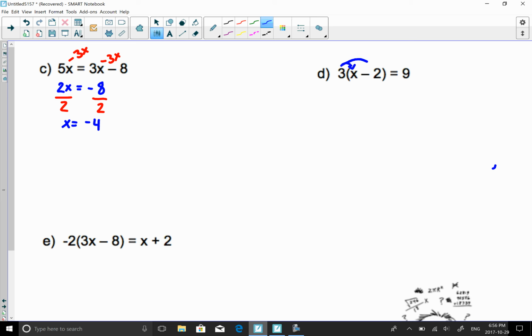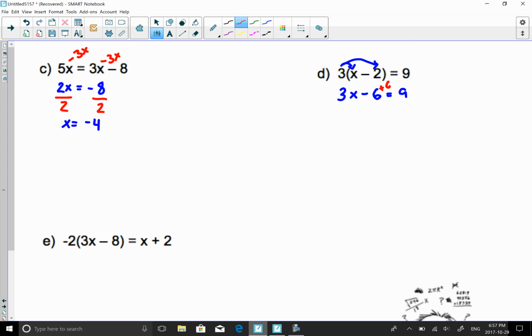This one requires the distributive property. So I'm going to distribute first. 3 times x is 3x. 3 times negative 2 is negative 6. So it's a 9. Then I want this variable by itself.